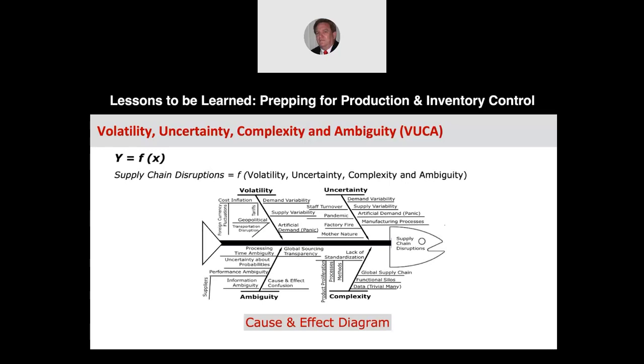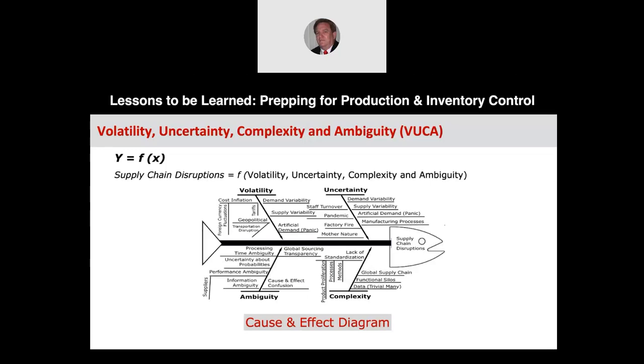One way to address that is the cause and effect diagram, also known as the fishbone diagram. Maybe I should have shown this in a different order. What I've done is put supply chain disruption as the effect.